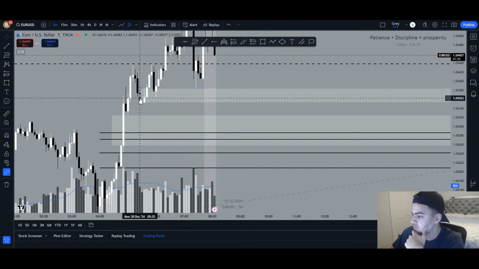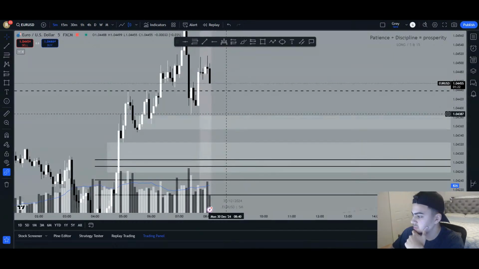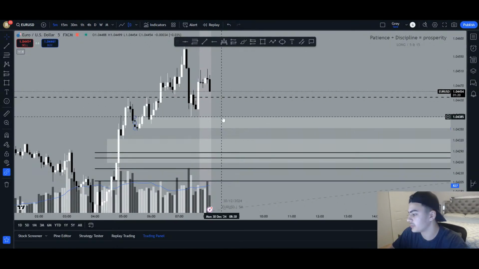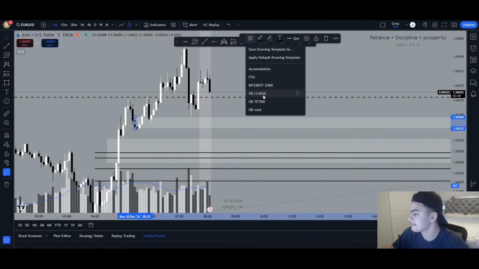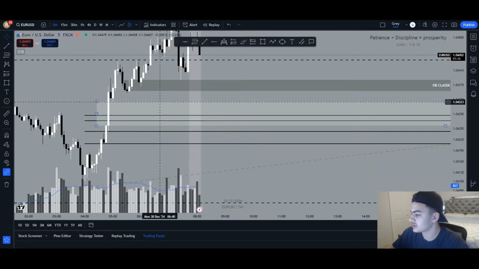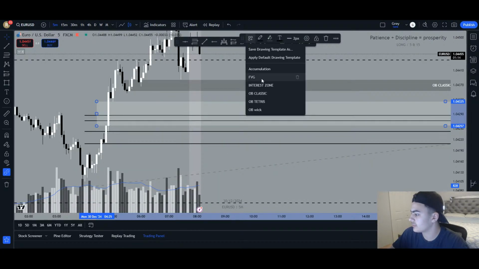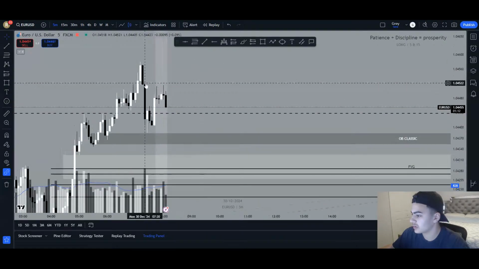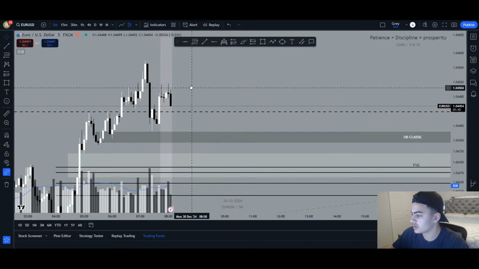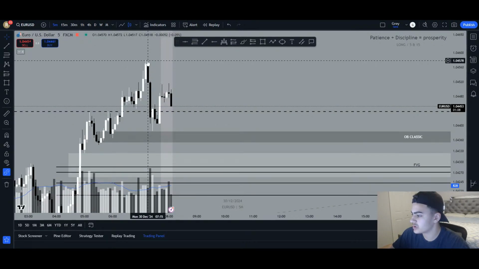And I have this order block. So now let me mark these. Order block classic, fair value gap right here. We have this order block, which didn't touch it yet.